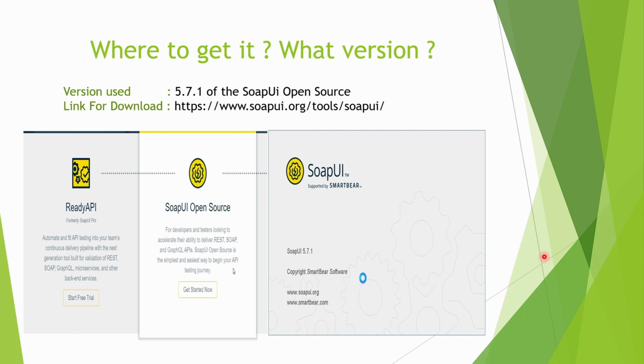Now, for people who use Windows, this is the link: soapui.org. You can just go to the website, and you'll have a download tab. You click the download tab, and you can check the SoapUI open source.